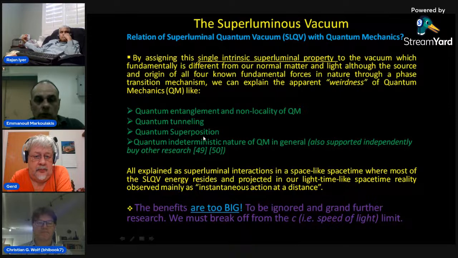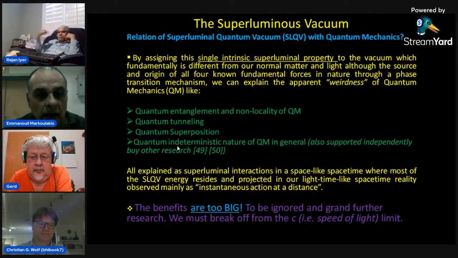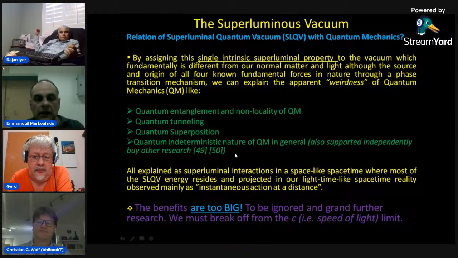quantum tunneling, quantum superposition, where the particle is in all places at the same time. And in general, also explain the indeterministic nature of quantum mechanics.